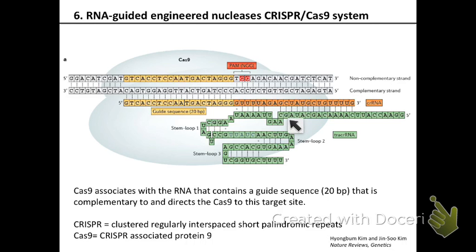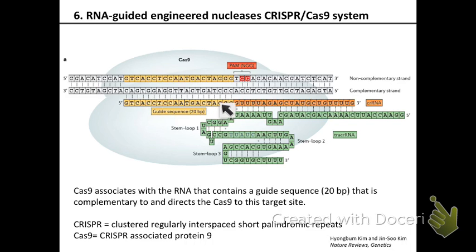And when it forms a complex, it can go into the genome, and this is the double-stranded DNA shown here, and it looks for homology, so it looks for complementary sequences that can complement the guide sequence, and that guide sequence is 20 base pair long.